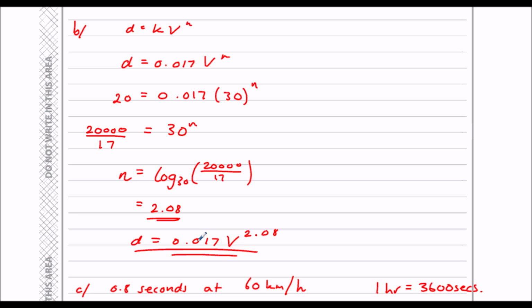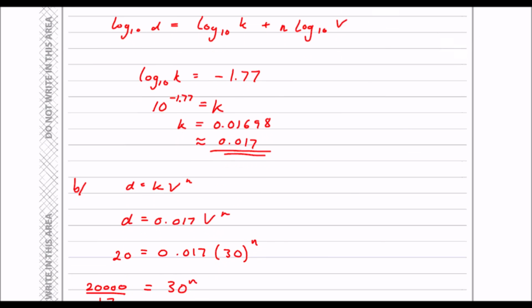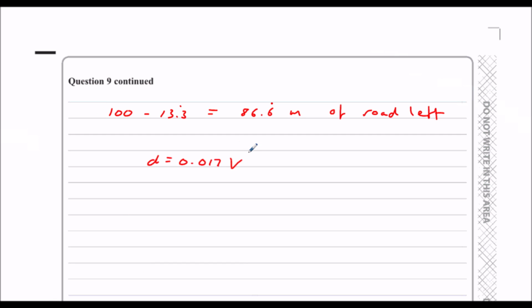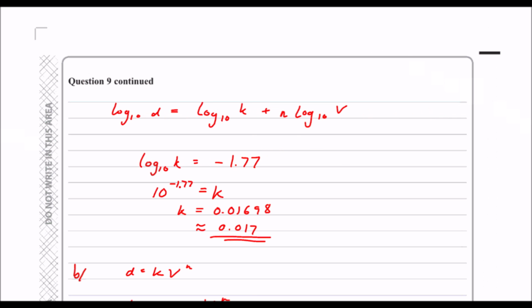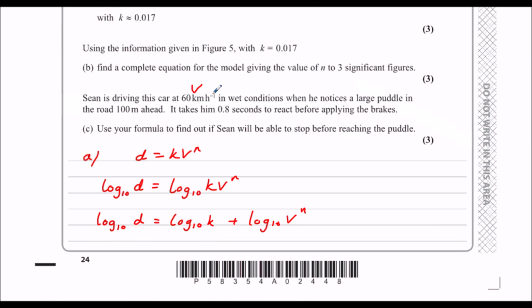formula here. D equals 0.017 V to the power of 2.08. And the velocity, the speed he was going at, was 60 kilometers per hour.